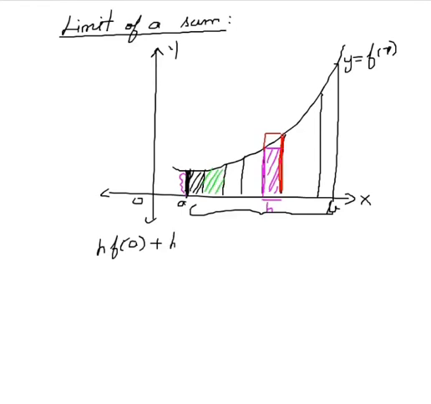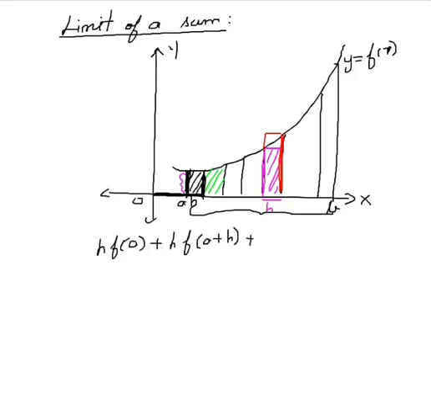Width is again h, but height will be f of a plus h. This x coordinate is a plus h. So x coordinate for this point is a plus h. Corresponding y coordinate will be f of a plus h.